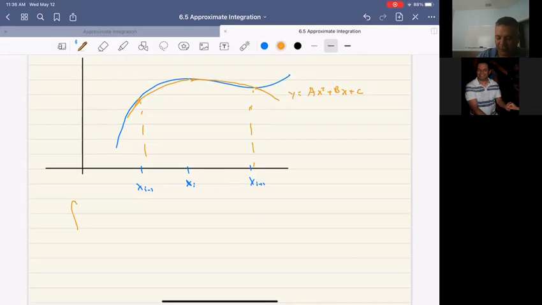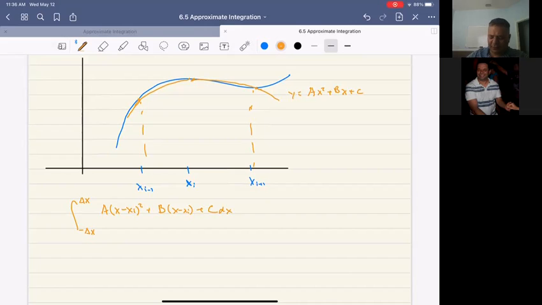So the integral, now I'm going to write this from negative delta x to delta x, of a times (x minus xi) squared plus b times (x minus xi) plus c dx.